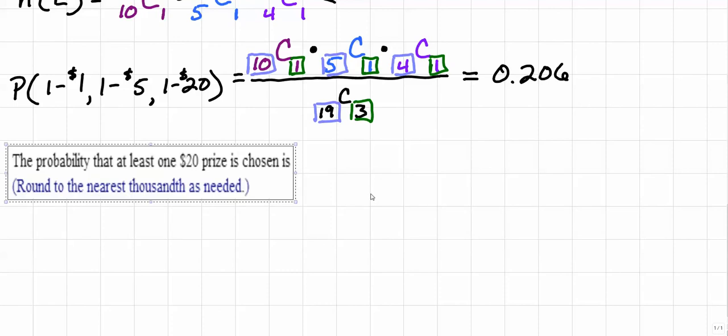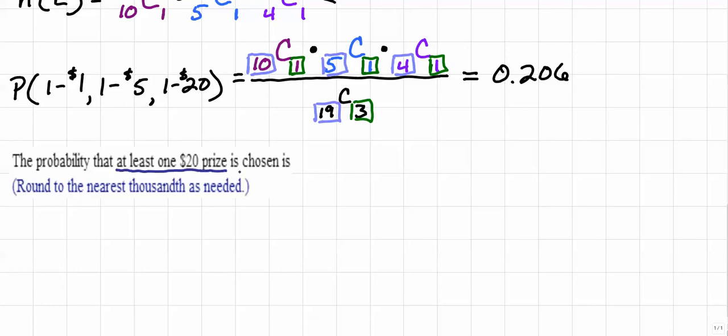And finally, we have the probability that at least one $20 prize is chosen, rounded to the nearest thousandth as needed. Now this one is special because it says at least one $20 prize. Remember, we are choosing 3 prizes, so there are 3 possibilities here.